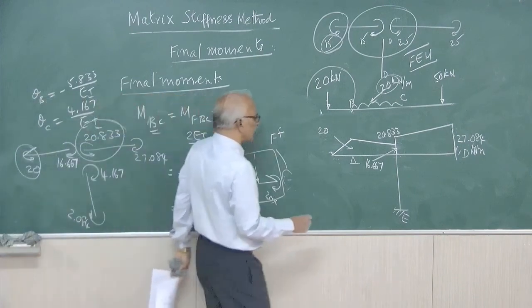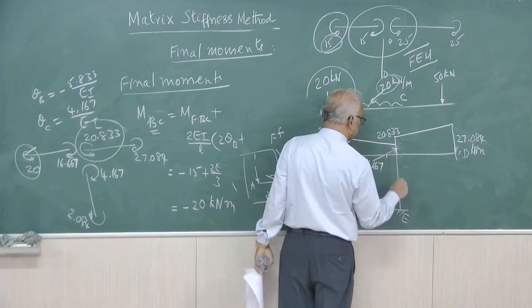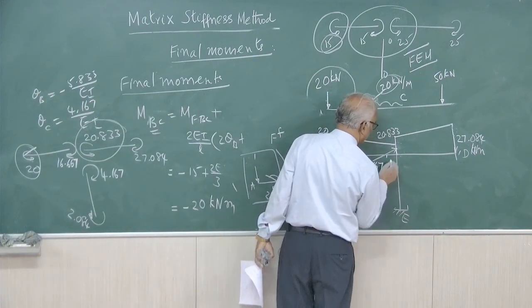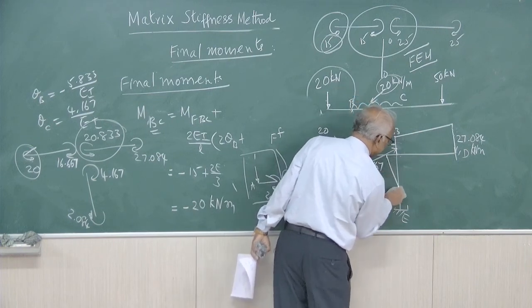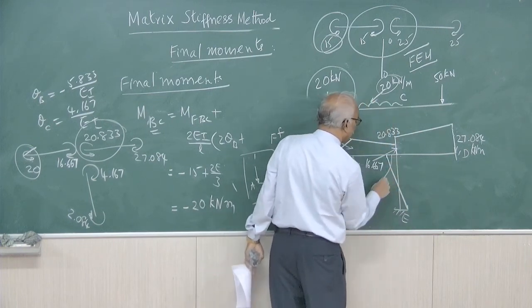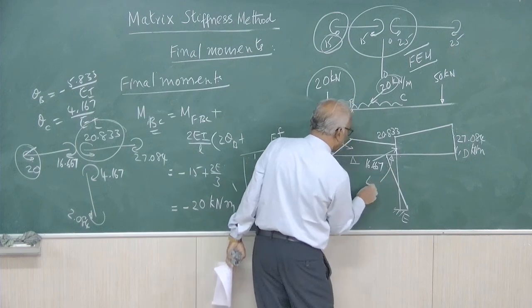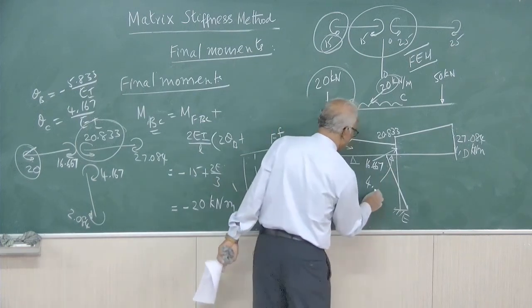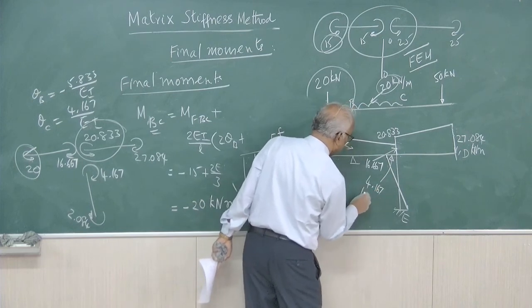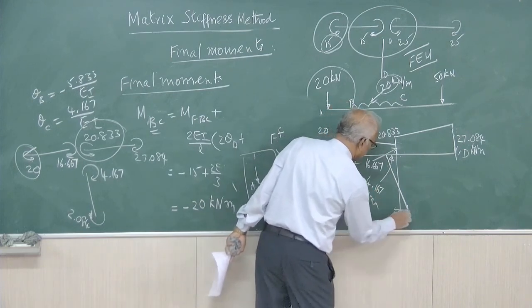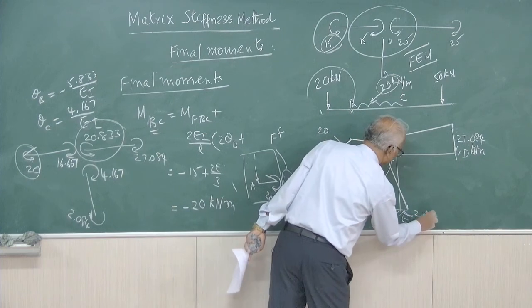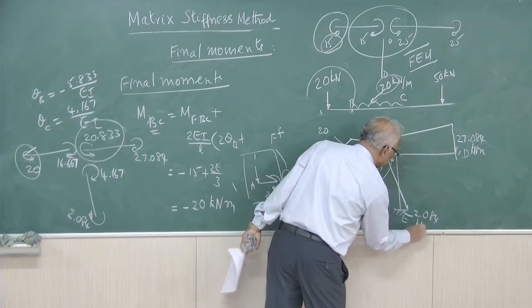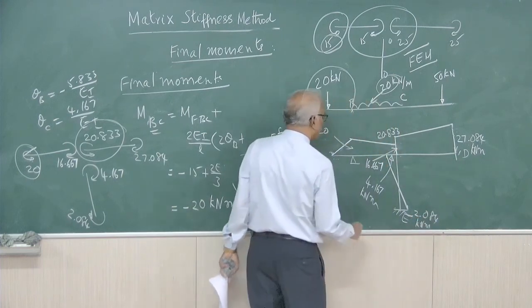So, that means tension on this side 4 point something, here 2 point something on the right hand side. So, this value is 4.167. This is 2.084 kilonewton meter.